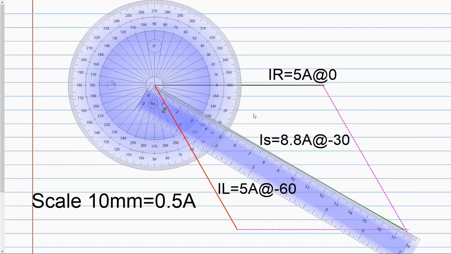So the 5 amps in phase with the reference, the 5 amps 60 degrees lagging the reference, sum together to give us 8.8 amps 30 degrees behind the reference.